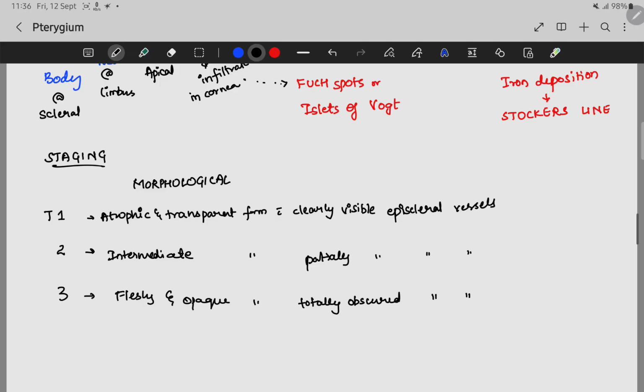So type 1 is regressive, whereas types 2 and 3 are progressive.